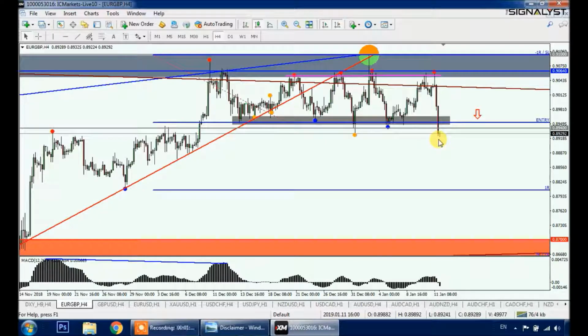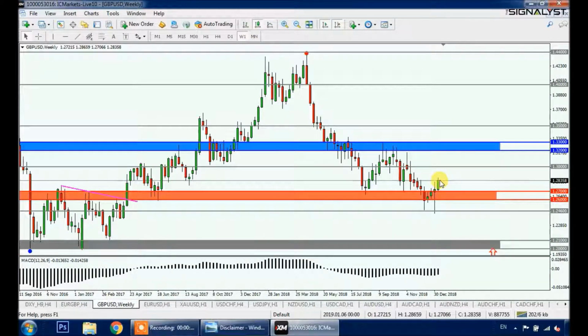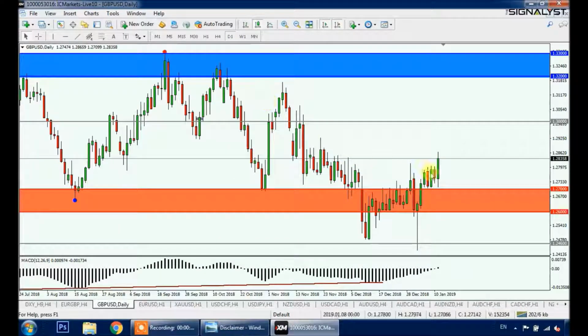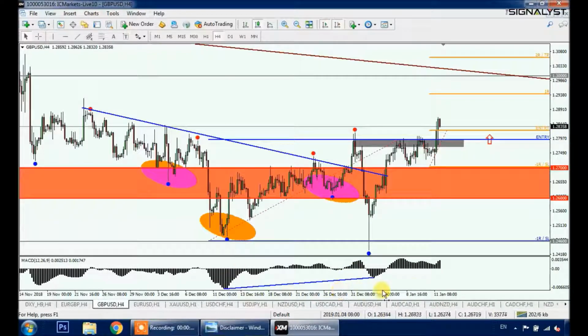GBP USD on the weekly time frame, we have a big momentum candle closing above the previous week's high. On the daily time frame, we have our divergence completed and a big momentum candle pushing price higher. On the H4 time frame, we also have a divergence here and a candle closing above our last swing standing on Friday.